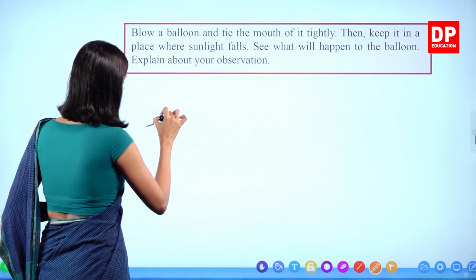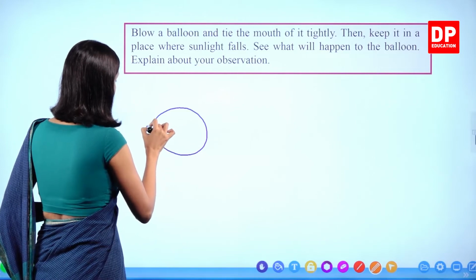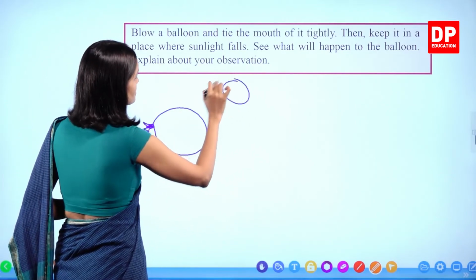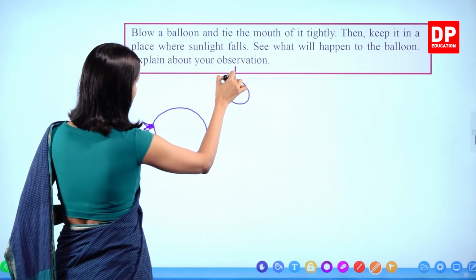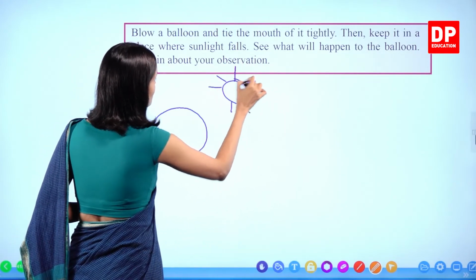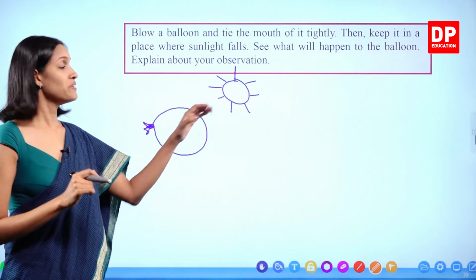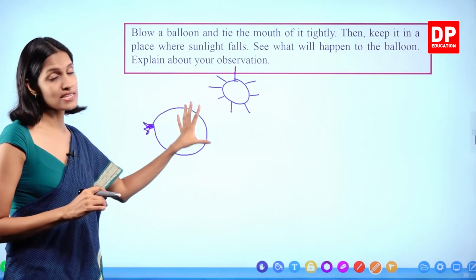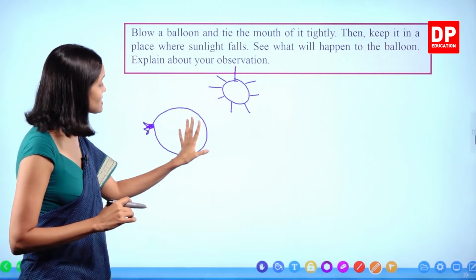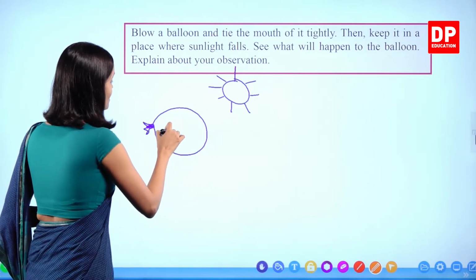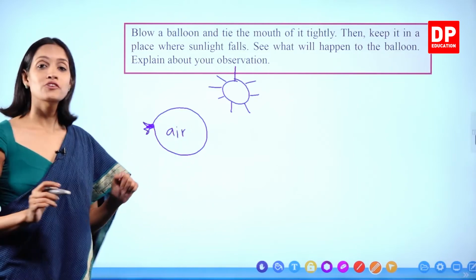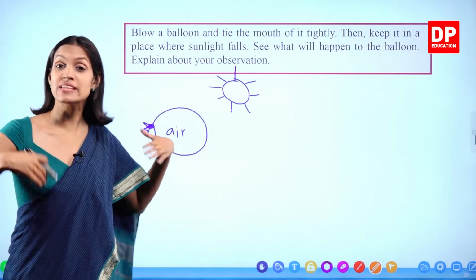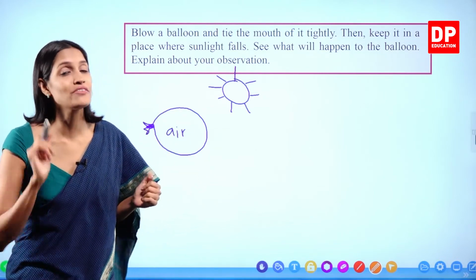You have to blow a balloon, tie its mouth tightly, and keep it in a place where sunlight falls. When sunlight falls onto it, it gets heated up. Inside the balloon there is air. Because of the sun's heat, this air inside the balloon gets heated up. What do you think will happen?